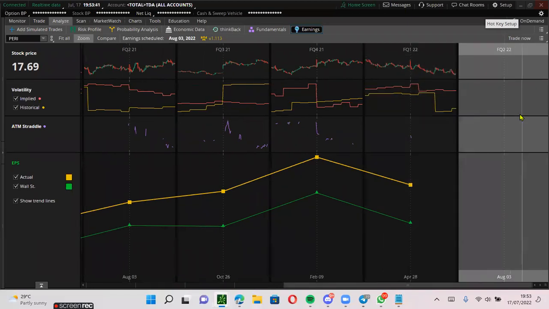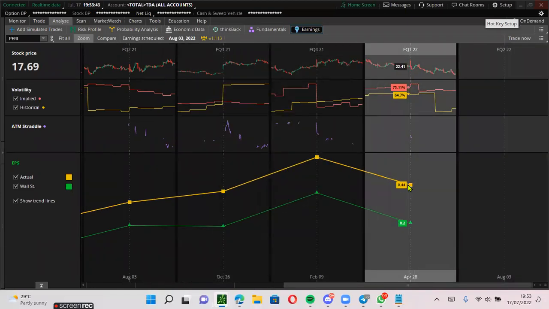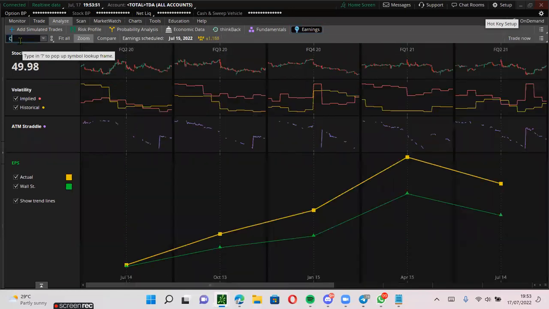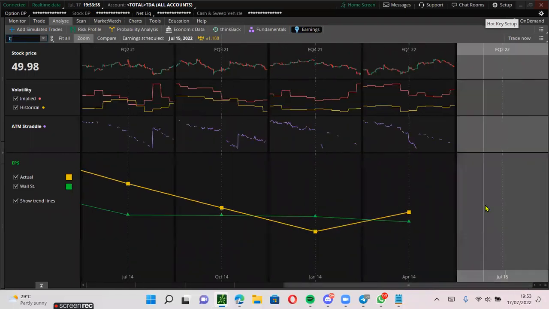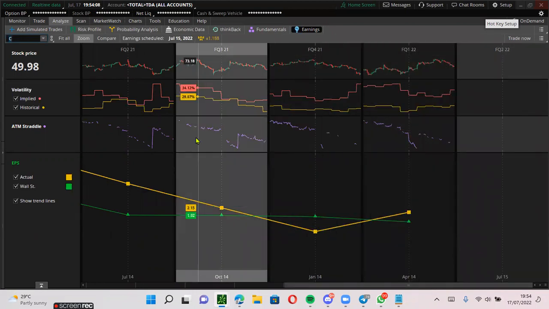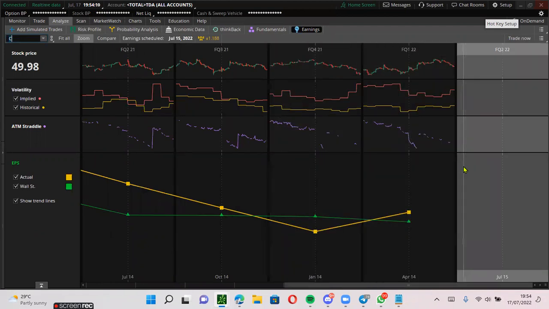Earnings also show what is actual and what Wall Street expected. This is for a different stock. This is what City did: it outperformed Wall Street's expectation, the green color, and the actual is 2.02, which is pretty good.